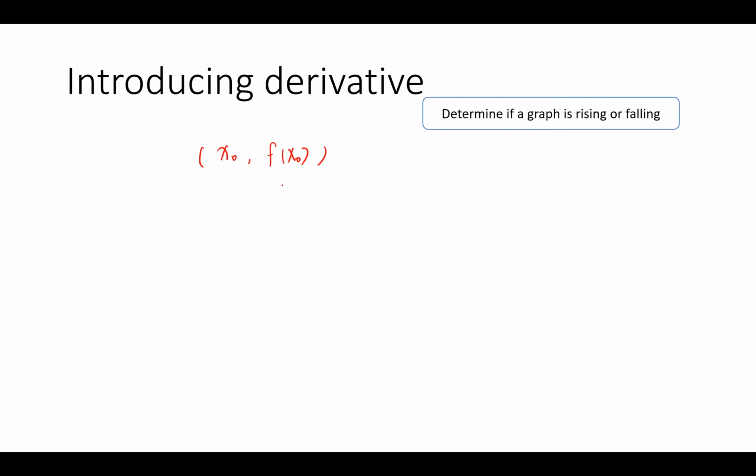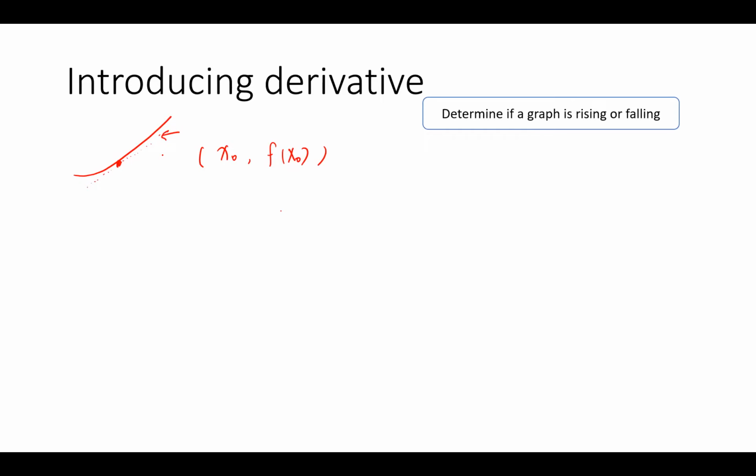This is an arbitrary point, and we would like to know the derivative. For example, if we draw a curve, then this is the coordinate of this point, and we'd like to know the derivative of this point. The derivative of this point is the slope of this tangent line. So this is a tangent line.